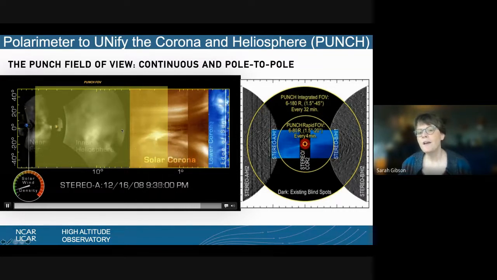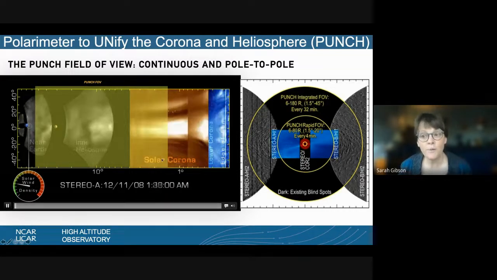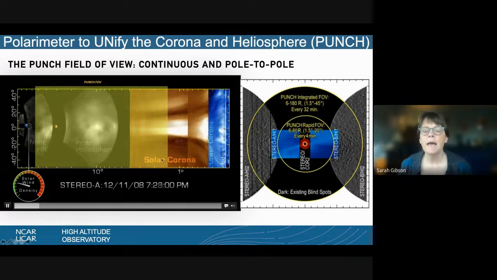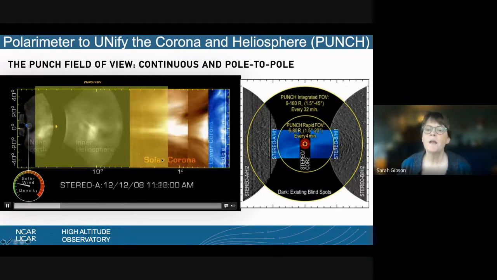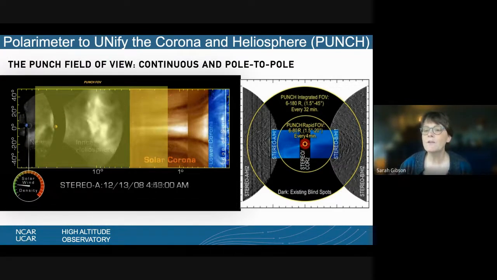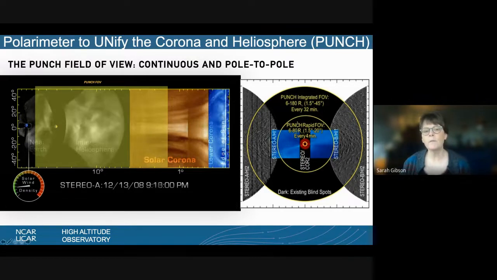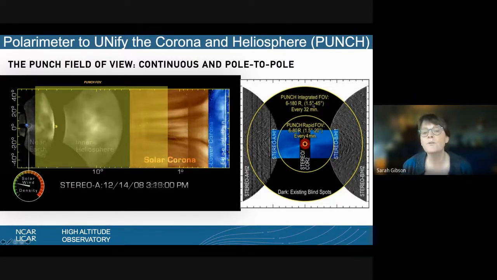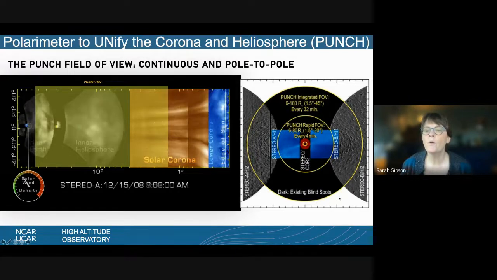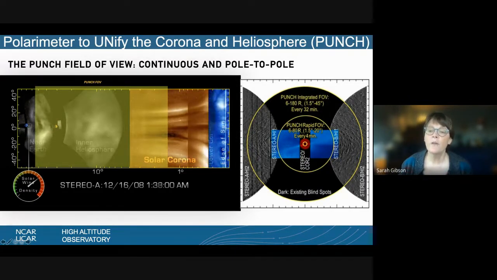One of the primary science targets for PUNCH are coronal mass ejections, or CMEs, and these are generally expected to incorporate coherently twisted magnetic fields, or flux ropes. PUNCH provides the full field of view from pole to pole using 4 synchronous smallsats.